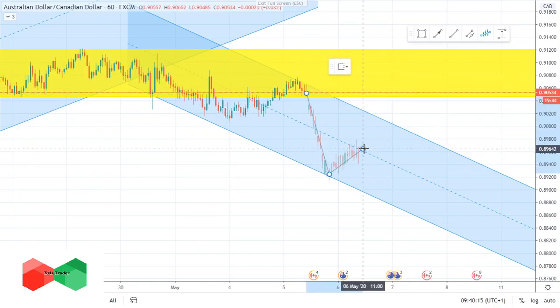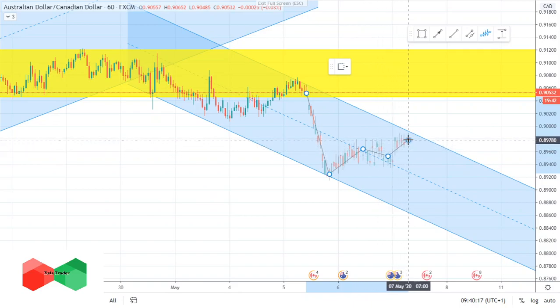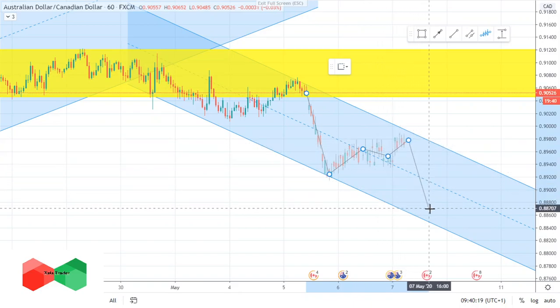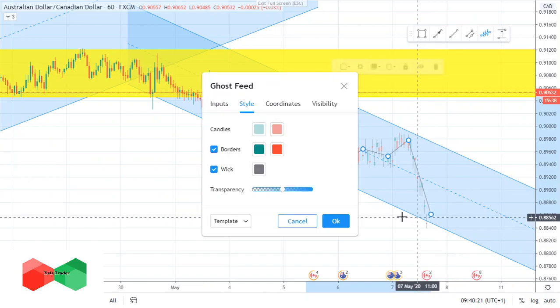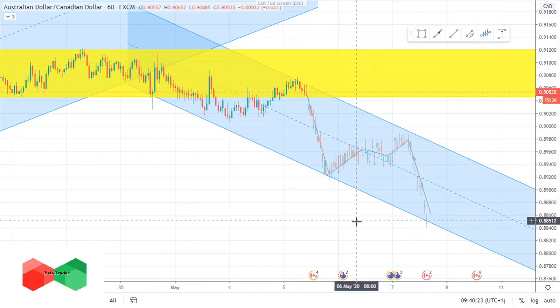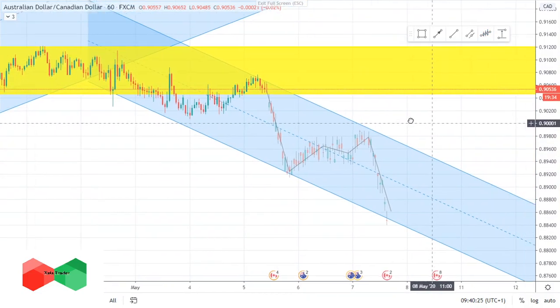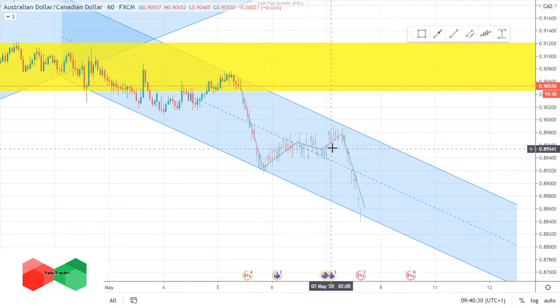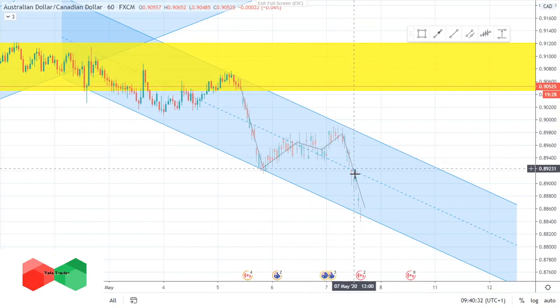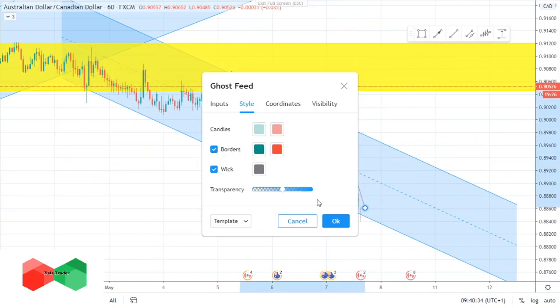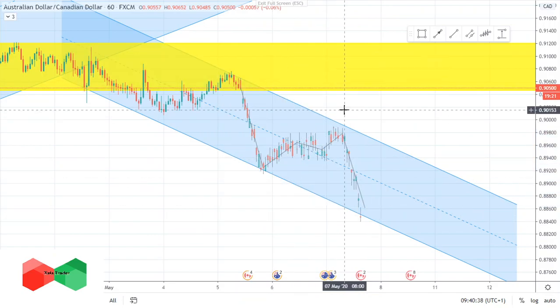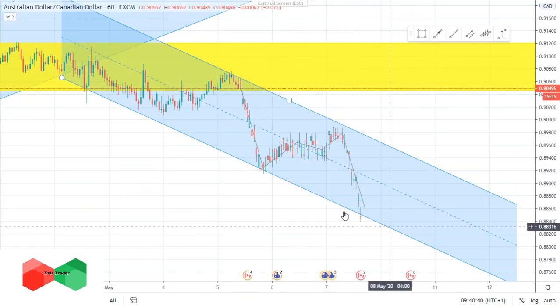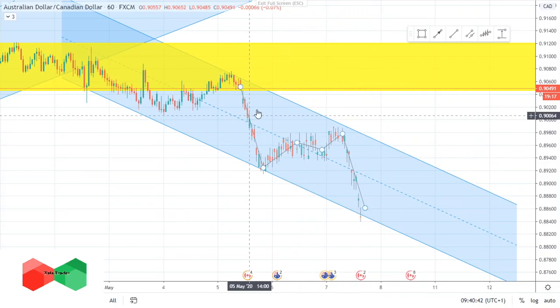Come down, possibly around the 50, hit that trend, and that's what we're looking at. That's the probability of the market now: down around the 50 area, up to the top, and then back down again. If I just open up the transparency so you can see it a bit clearer, there we go.